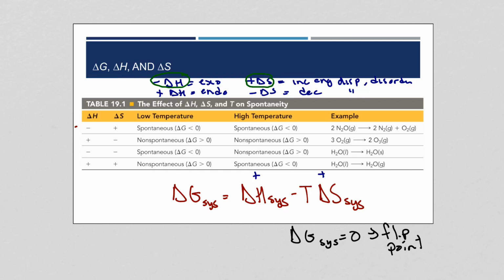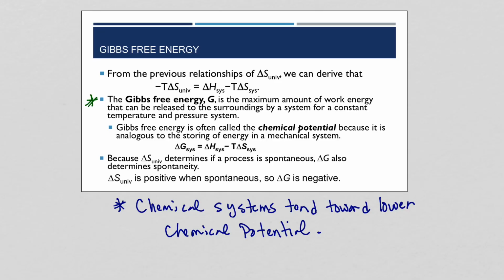Okay, so now that we've looked at this part of the equation, we're going to summarize what we've been doing with this introduction to Gibbs free energy. So I want to conclude this section by summarizing some of the stuff that we've talked about with Gibbs free energy.